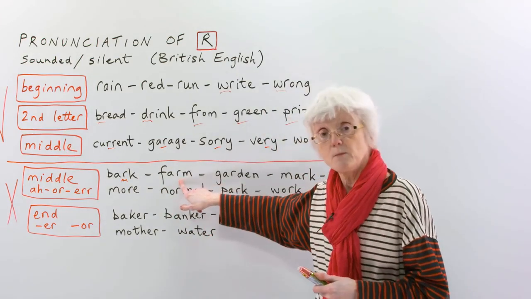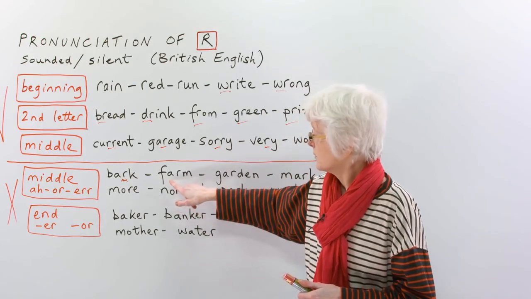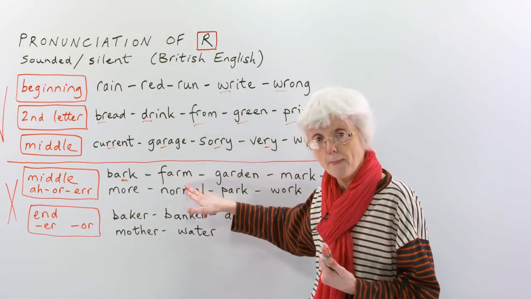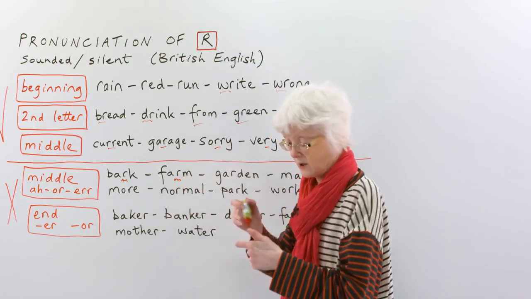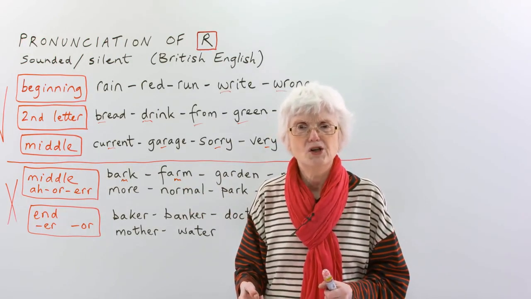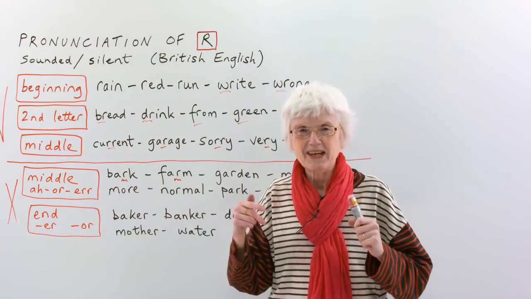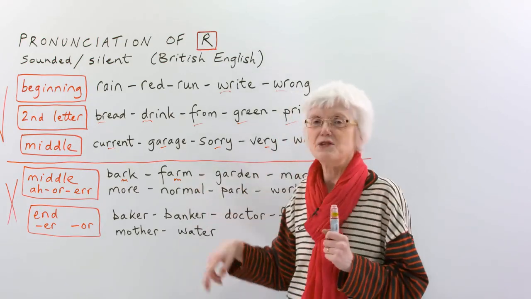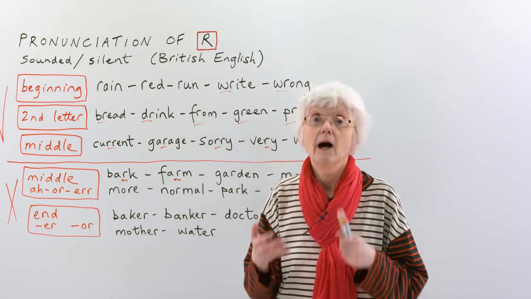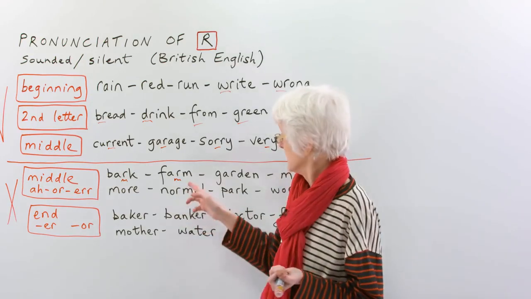Okay? The same with this word, farm. So F and then R and then M. No R. So an American might say farm. It feels very strange for me to say it that way, but in British English, it's just an open vowel sound, R, farm, like that.